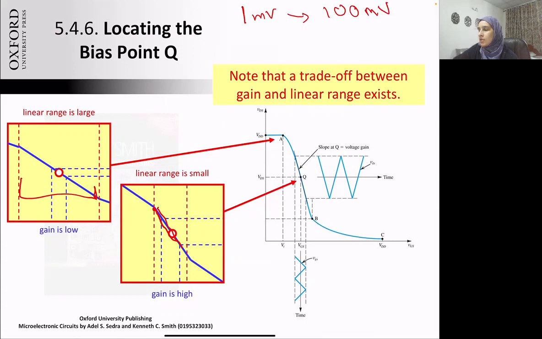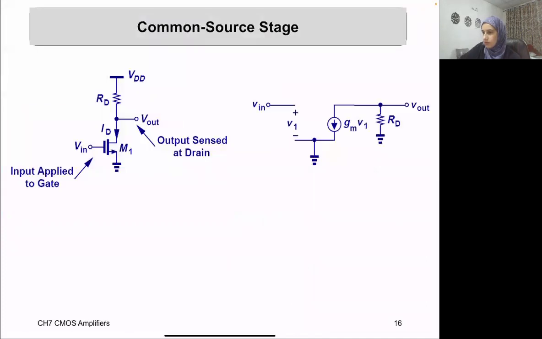But if my signal changing is 10 millivolt, I will have a 1 volt signal that is varying. So I will be limited by the supply voltage. We cannot have an amplification that is beyond the supply voltage of the amplifier. Otherwise, we will saturate the amplifier, as we call it.